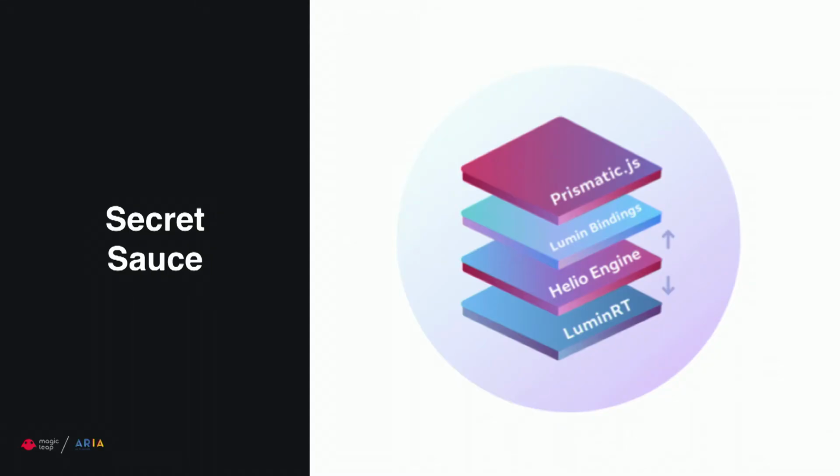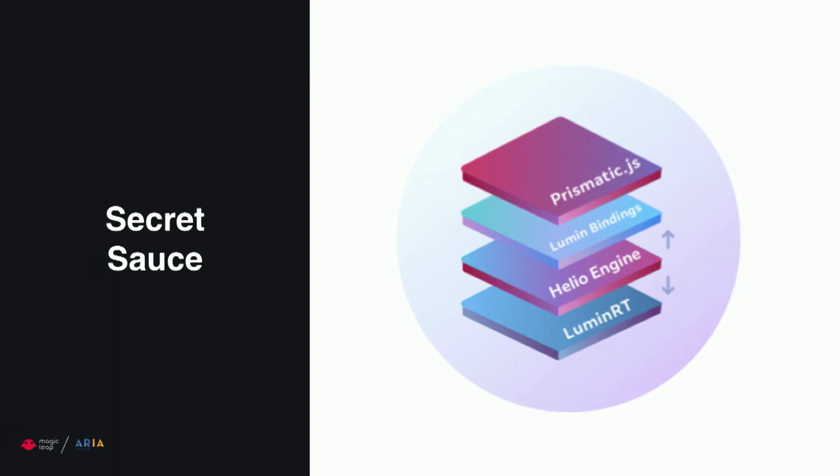So here's the secret sauce. This is what makes Prismatic prismatic. We have the Lumen runtime, which is our runtime that sits at the bottom. We have the Helio engine, which is a Chromium port. We have our Lumen bindings, which are our JavaScript bindings that tie into Prismatic, that allow us to develop the declarative HTML components based off of those bindings.